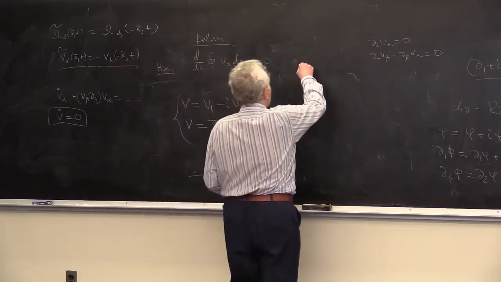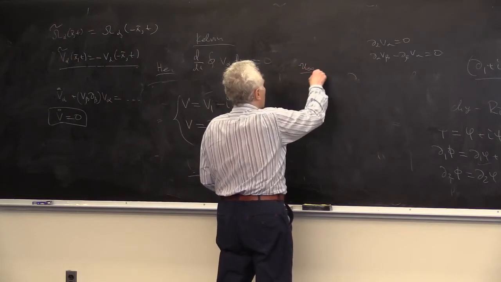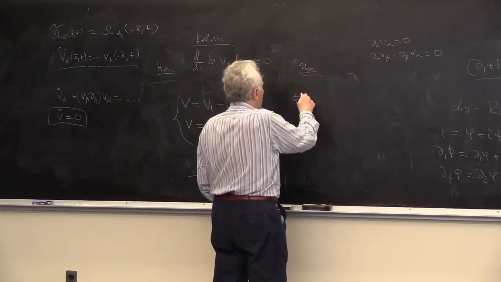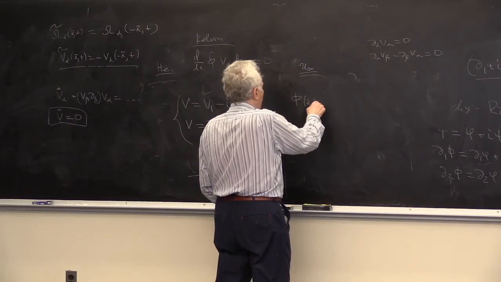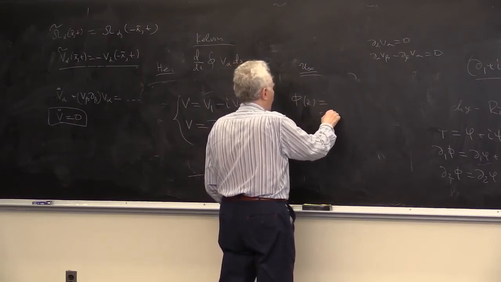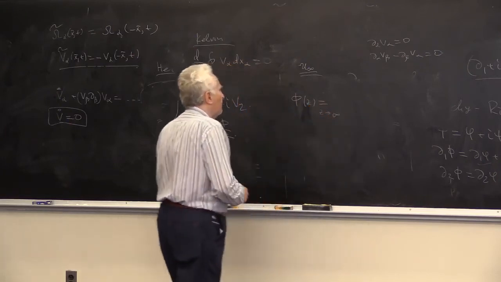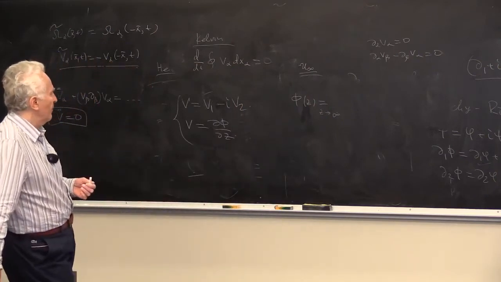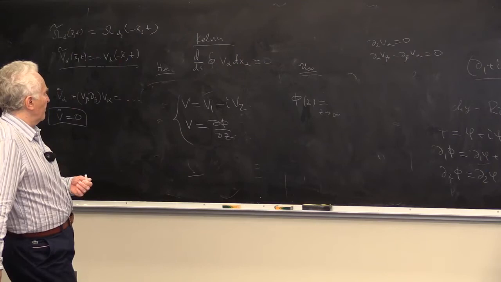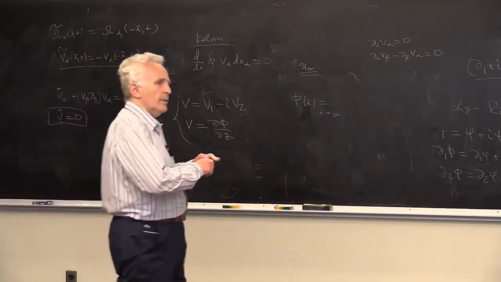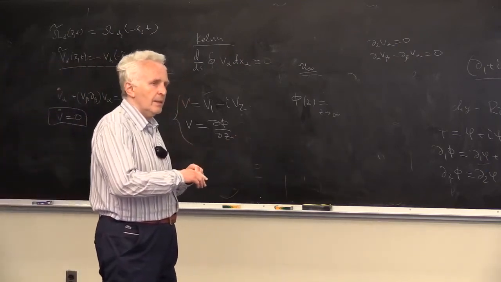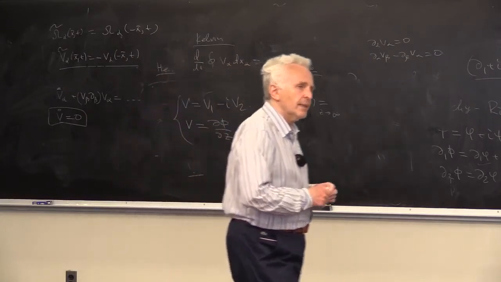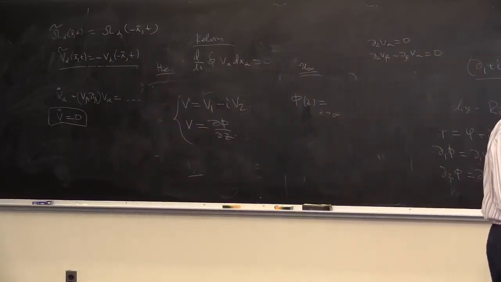Suppose we have velocity u infinity. What is the behavior of phi at infinity? It's the same as if the cylinder wasn't there.